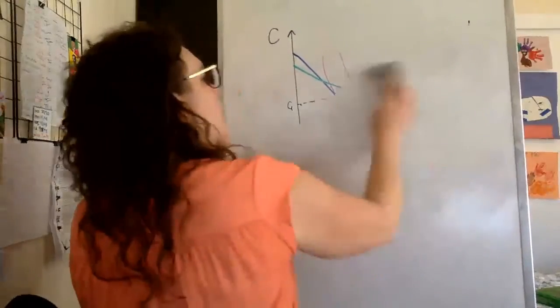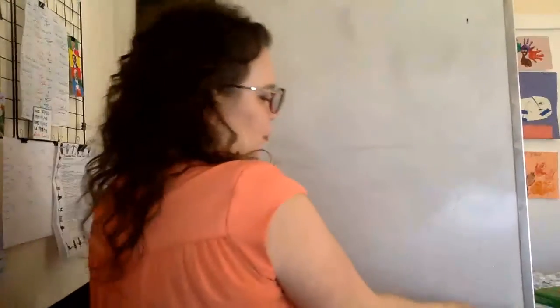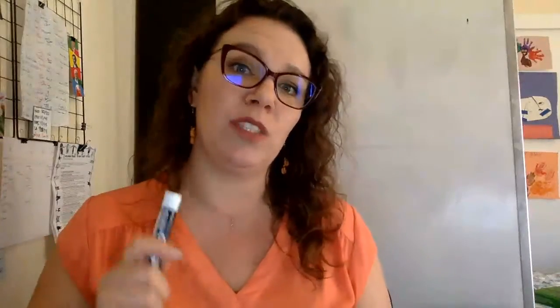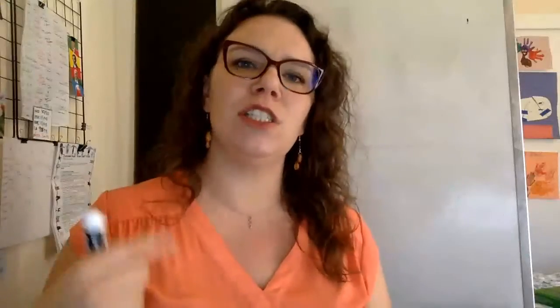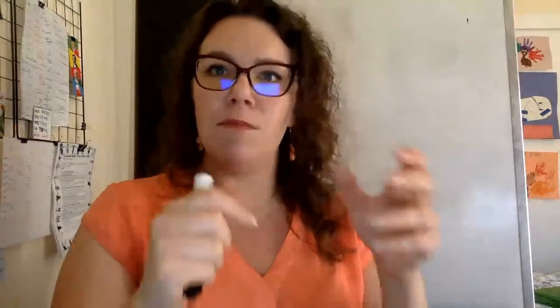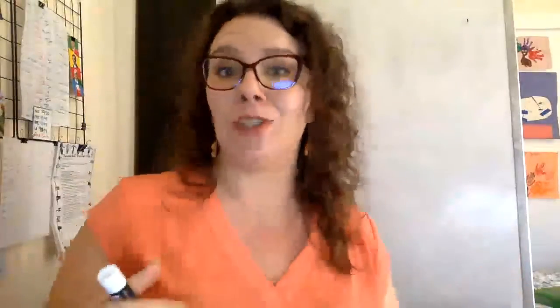So this problem's weird because it's a Cobb-Douglas utility function. If you don't remember or you haven't heard before, Cobb-Douglas functions are functions where the exponents of the inputs add up to 1.